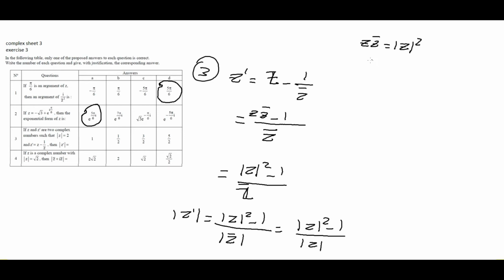Also there's a property that says the modulus of z bar is equal to the modulus of z, and the modulus of z is given, which is 2. So 2 squared minus 1 over 2, this is 4 minus 1, 3 over 2. So the answer is C, 3 over 2.